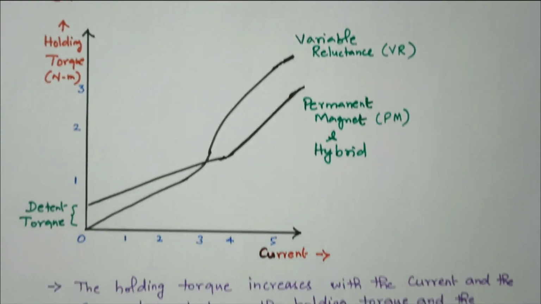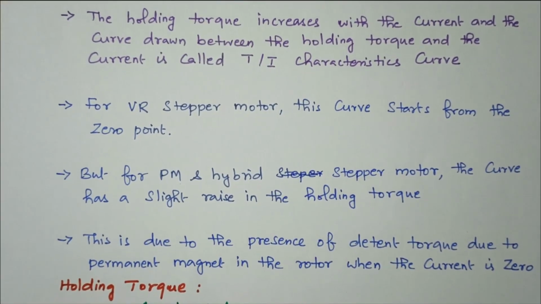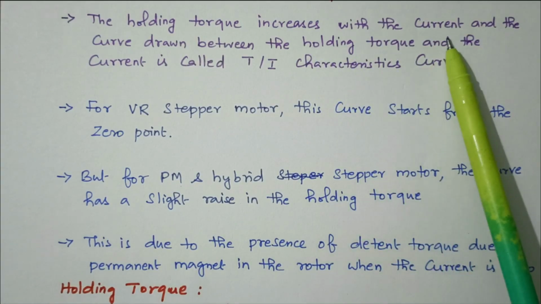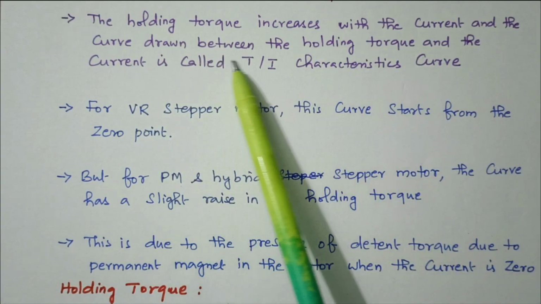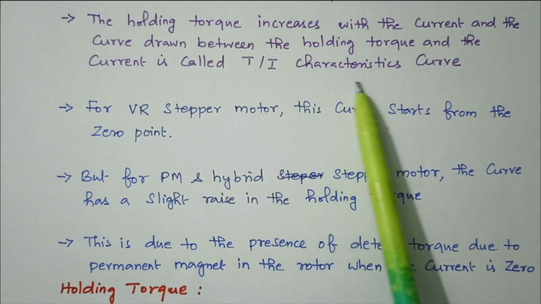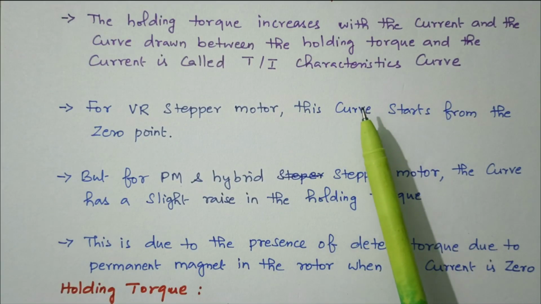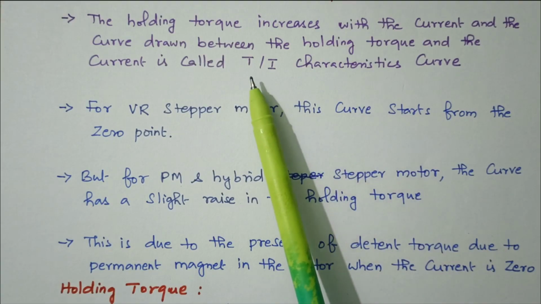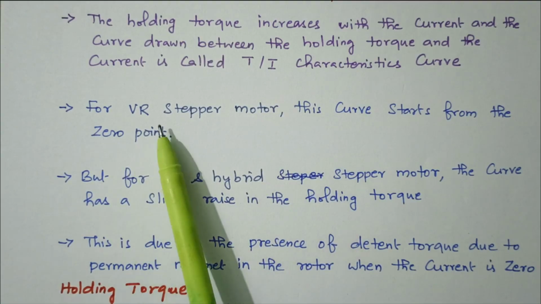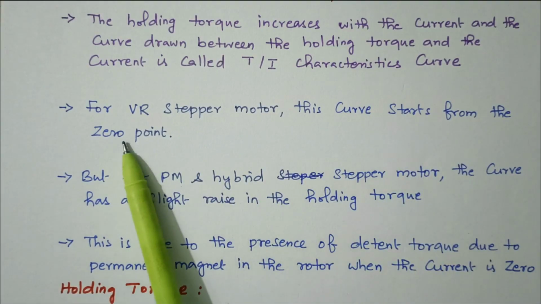Now we'll see what the parameters are. The holding torque increases with the current, and the curve drawn between holding torque and the current is called the T-I characteristics curve. For the variable reluctance stepper motor, this curve starts from the 0 point.